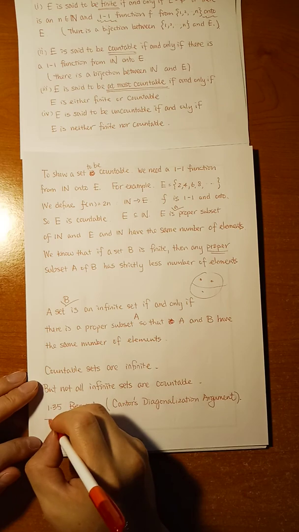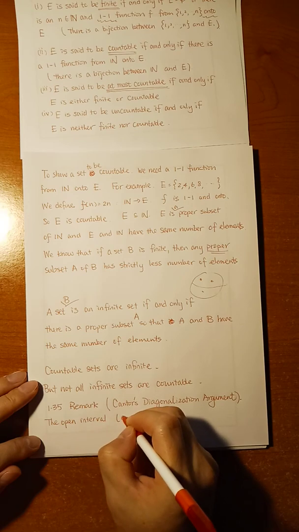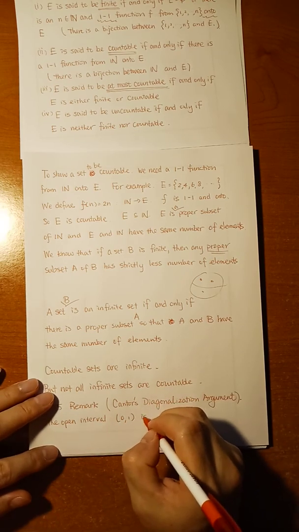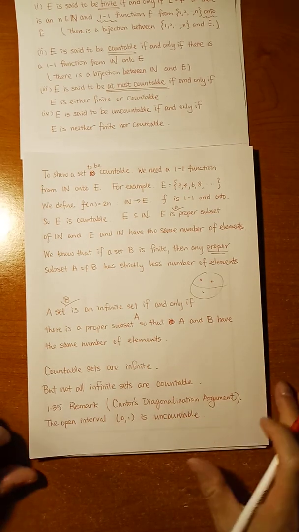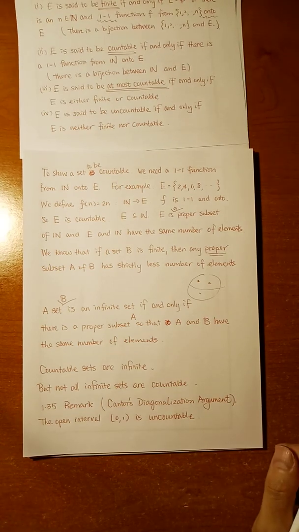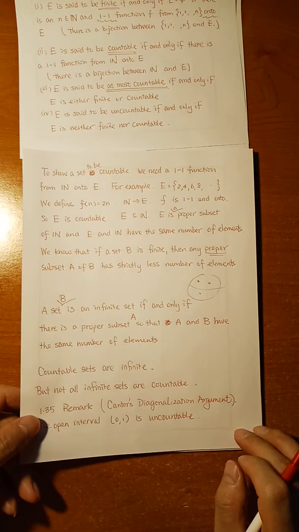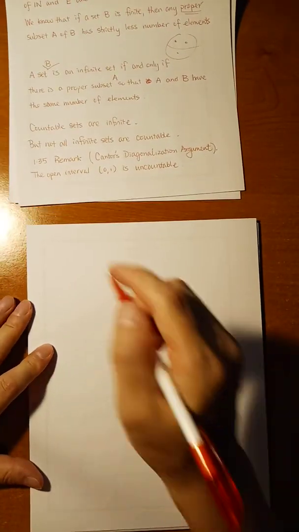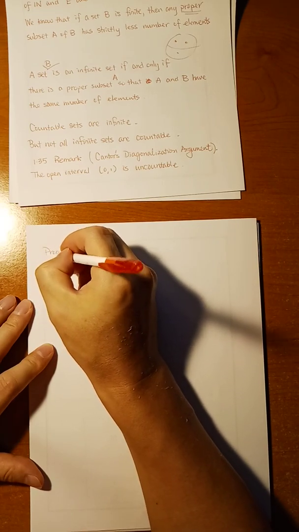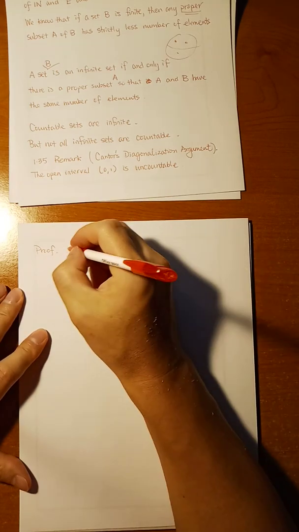It shows that the open interval (0, 1) is uncountable. The set of this open interval is uncountable. This is a very, very good construction; you must memorize it. So let's try to prove it. How do we prove it's uncountable? We assume it's countable.